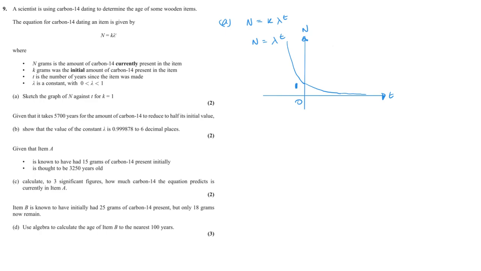Now let's look at part B. So we've got part B, n equals k lambda t. And looking up here, k in grams is the initial amount of carbon 14 present in the item.